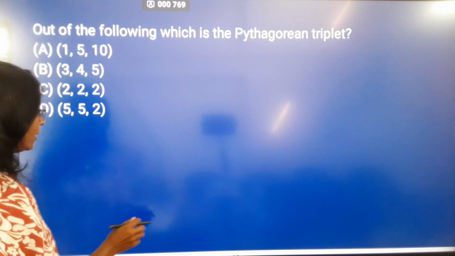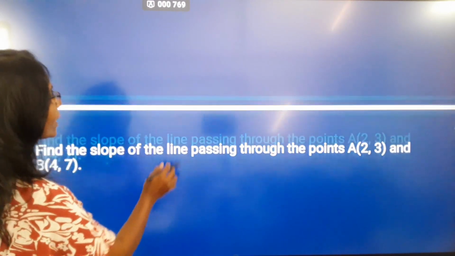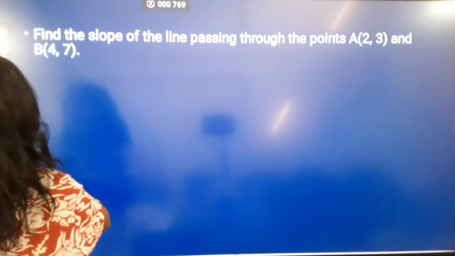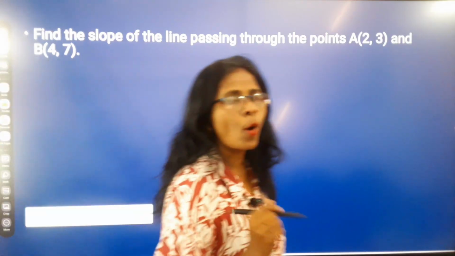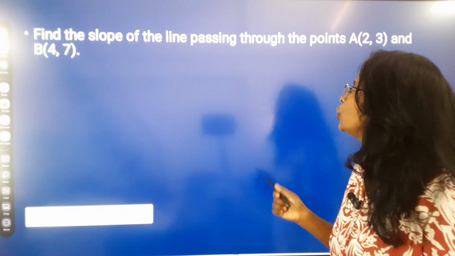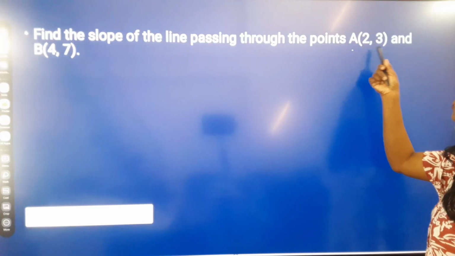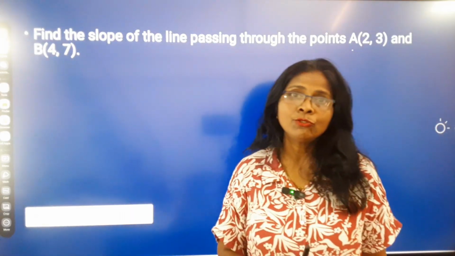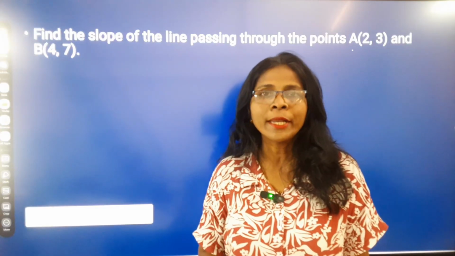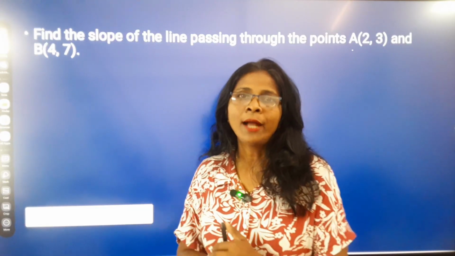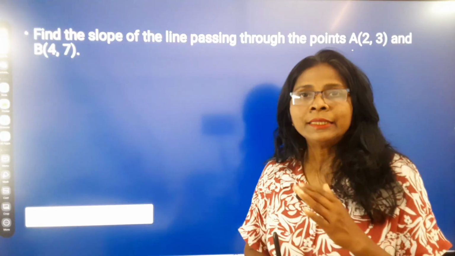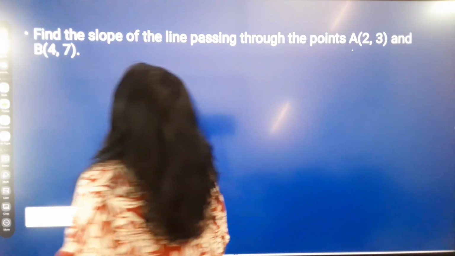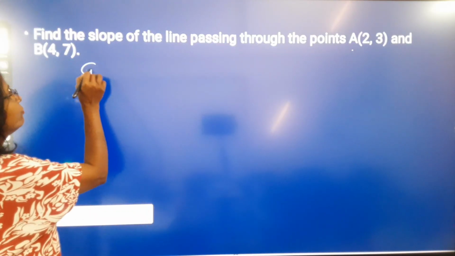Now the next question: find the slope of the line passing through the points A(2, 3) and B(4, 7). We are given two points and we have to find the slope of the line. First we write the given and then use the formula.